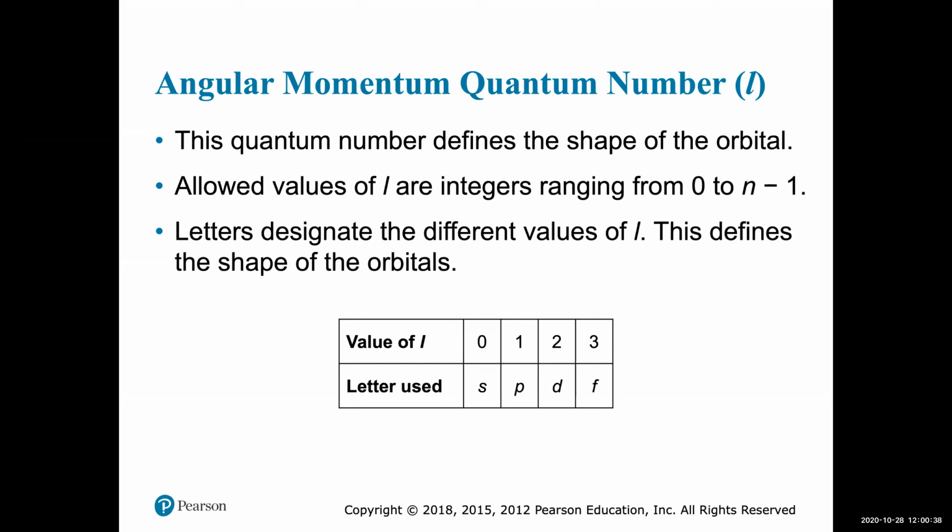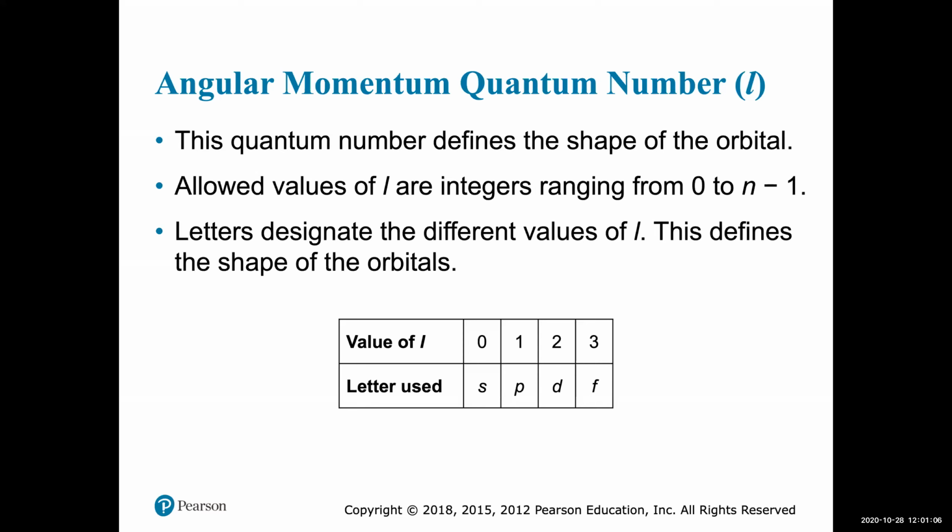The allowed values for this are integers once again, and it goes from 0 to n minus 1. So we use that n value, the principal quantum number, and subtract 1 from it, and that tells us at that energy level how many shapes there are.